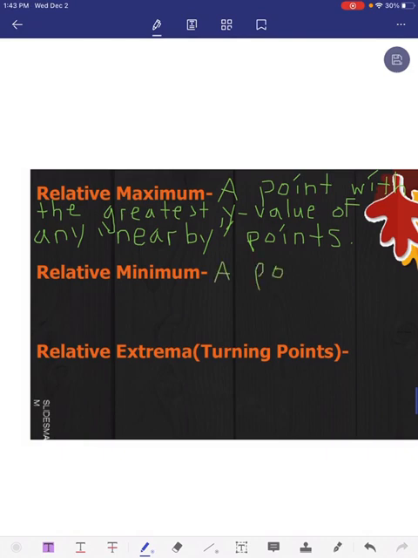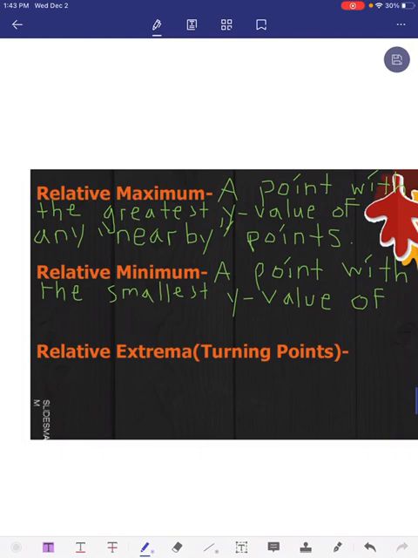Likewise, a relative min is going to be a point with the smallest y value of any, again, nearby points.